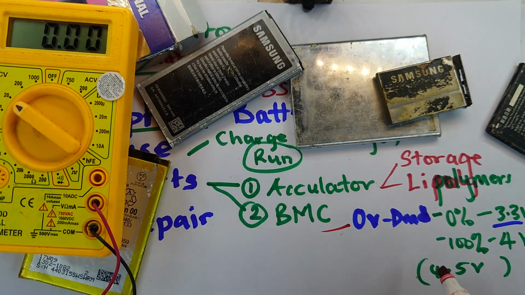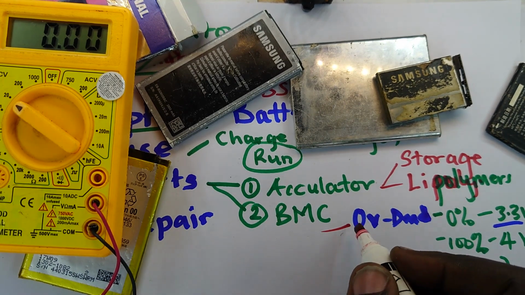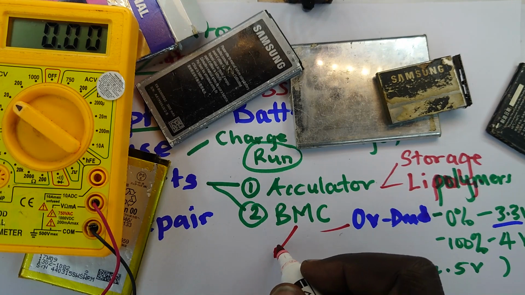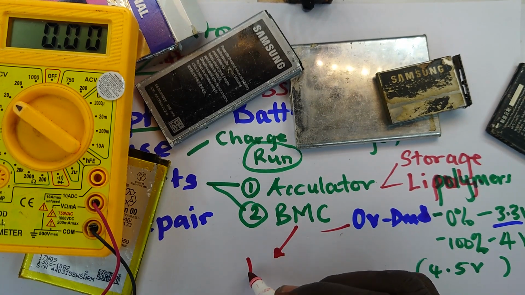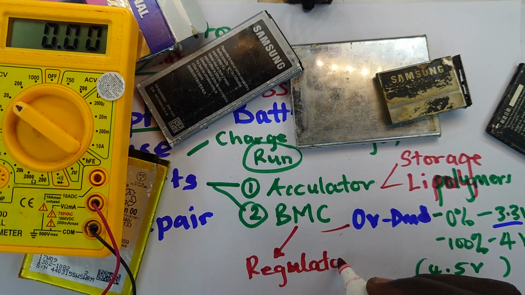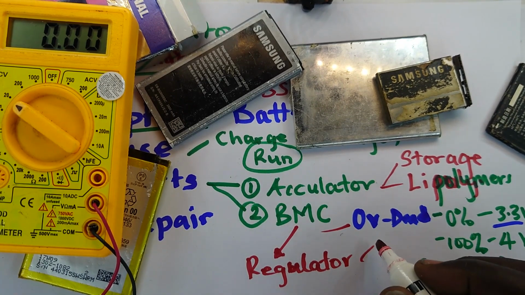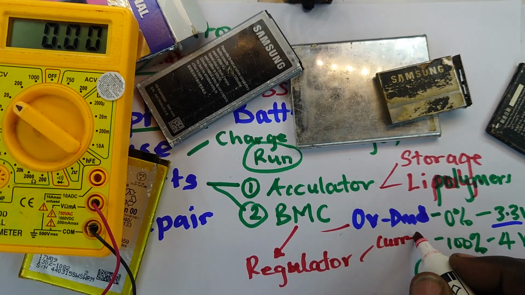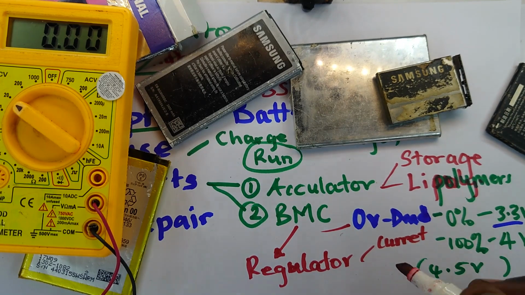So basically, the battery management system is some sort of regulator, and this is to regulate the current being drained or the current being pushed into the battery. So that's the beauty of the battery management board.